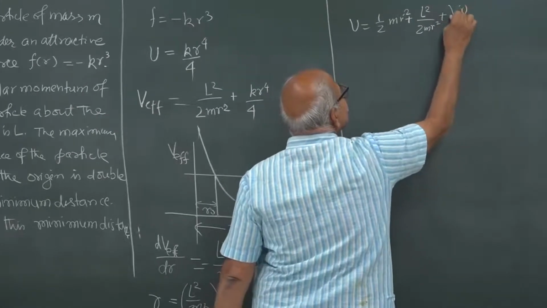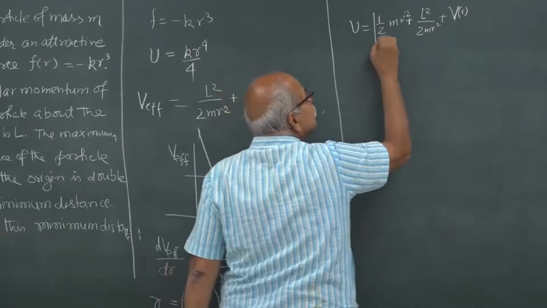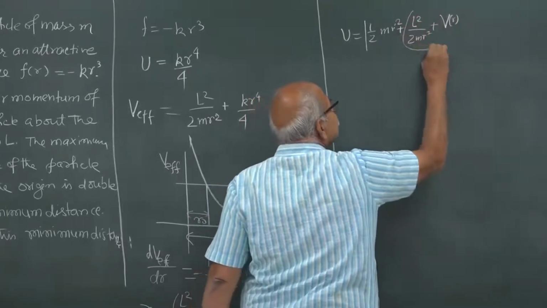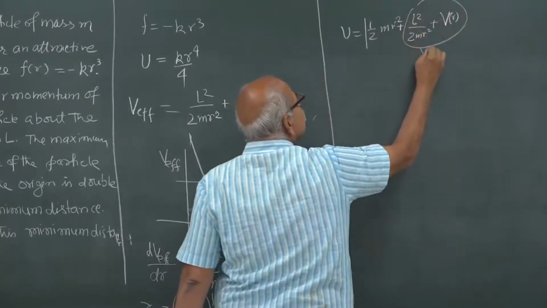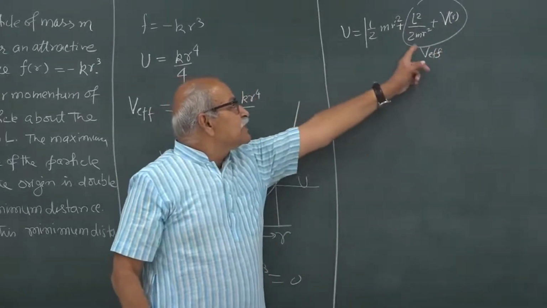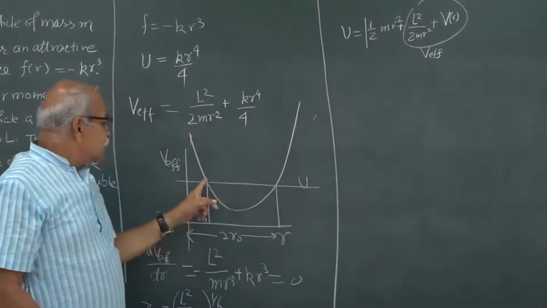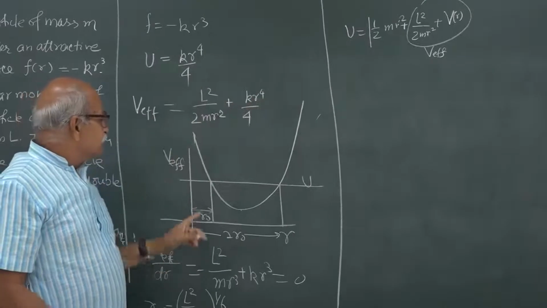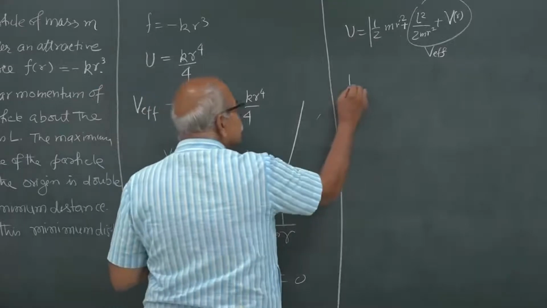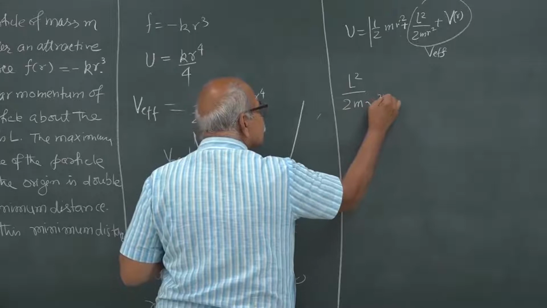So, this is the kinetic energy and this is the potential energy, but then we combine these two and write this as V effective. So, the total energy is the effective potential energy plus half m r dot square. Here r dot is 0 and E is the same as V effective. That means, V effective here at r naught is L square by 2 m r naught square.